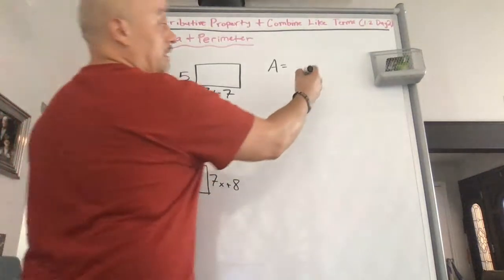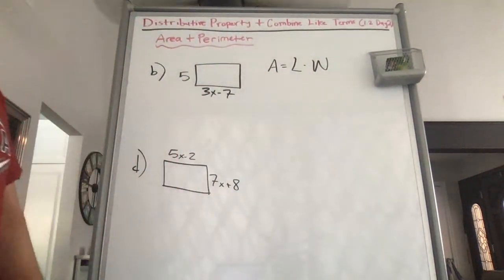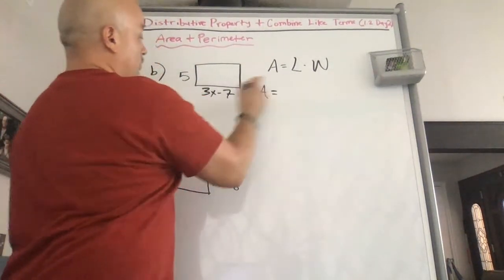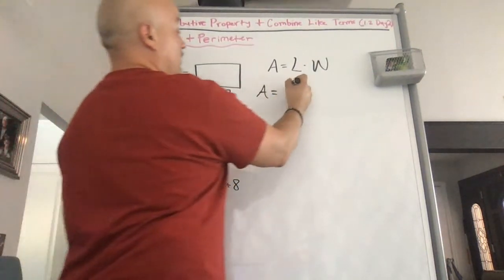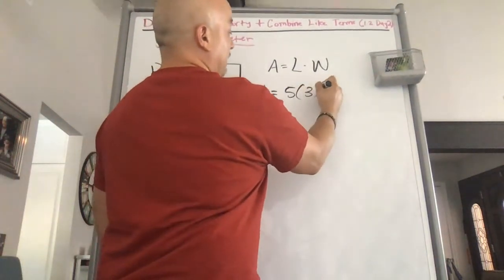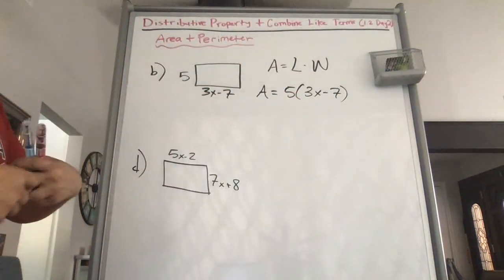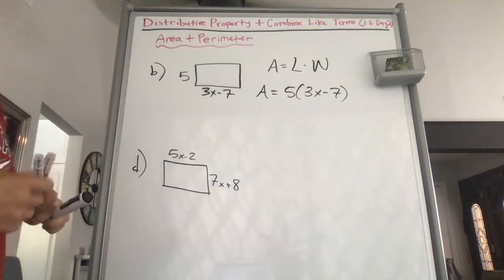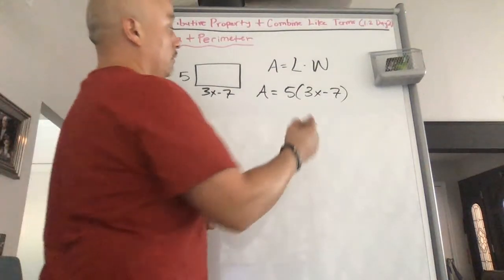So anyhow, for a rectangular area, it's just length times width. And for here, it doesn't matter which one you call length times width. You just need to multiply the two different lengths together. So let's just say length times width. So it looks like exactly what we've been working with. 5 times 3x minus 7. So all you have to do is distribute, but what you have to know is that area is length times width for a rectangle.